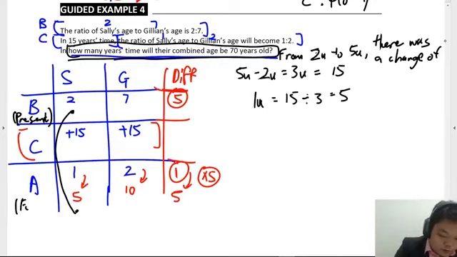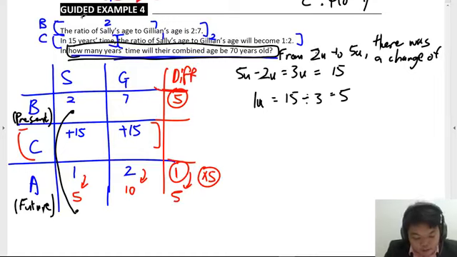This is the future, which is actually hypothetical. In 15 years' time, they will indeed have an age ratio of 1:2. But that's not what you're concerned about. What you're concerned about is using that present age first.